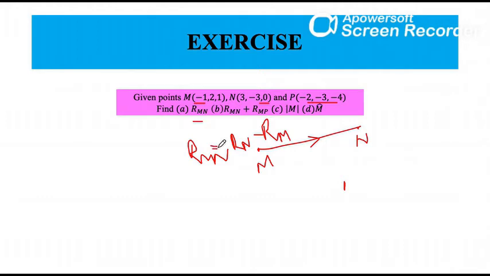Okay, this is in general. If I have a vector Rmp, it would be a vector which is directed from M to P. So similarly, you find Rmp and then add these, Rmn plus Rmp.